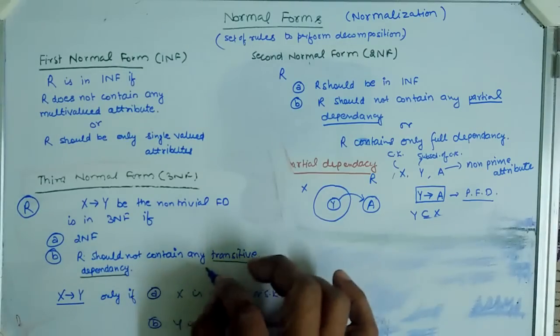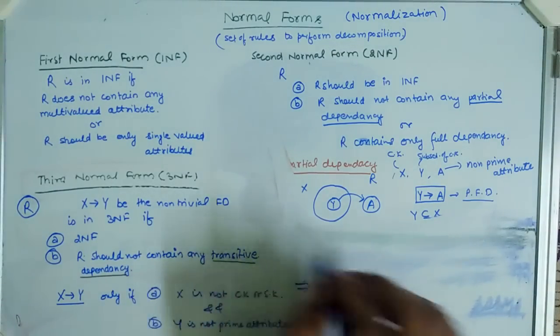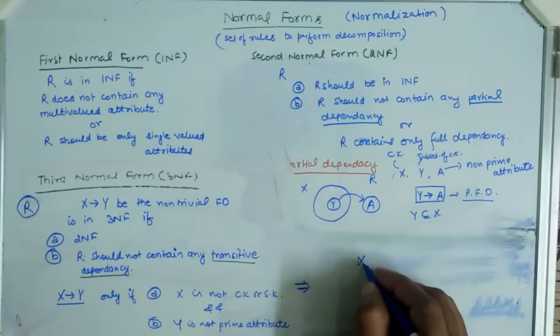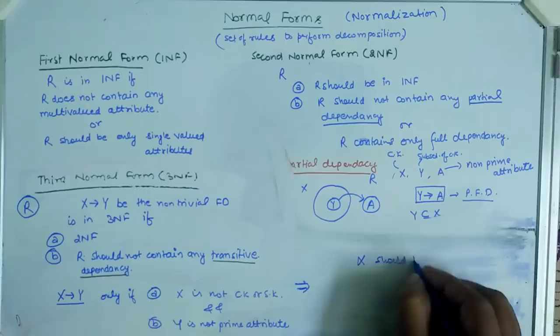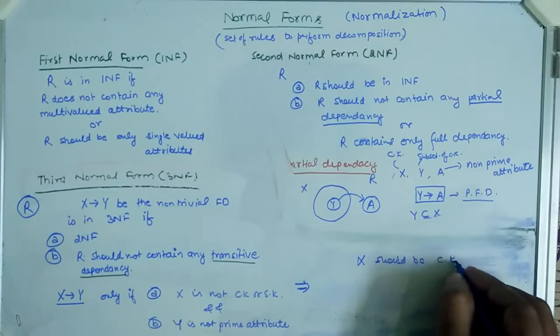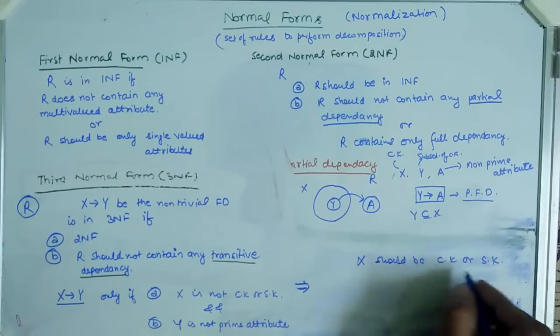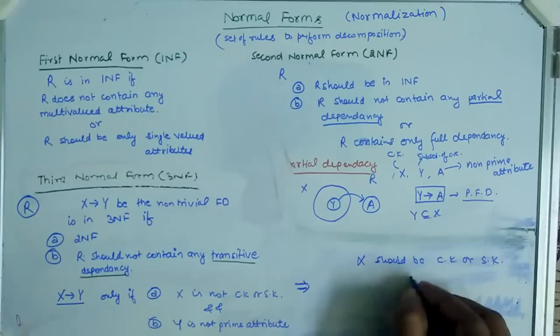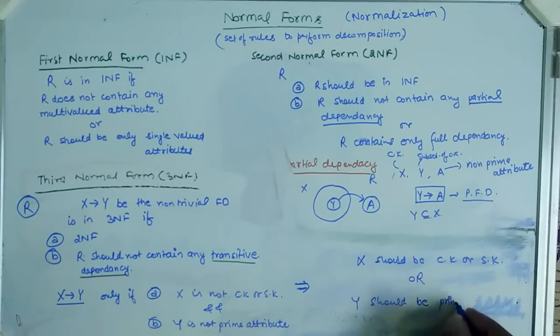To check whether a relation R is in third normal form, just check for X that it should be a candidate key or super key, or check for Y that it should be a prime attribute.